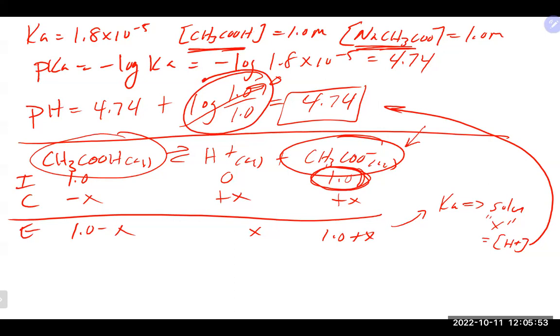If we went through the bottom one and solved for X, it would be a really small number. In an earlier example in this chapter, we did the ice table and then the Henderson-Hasselbalch equation. When you solve for X, it was a really small number, so the equilibrium value and the initial value were pretty much the same number. That's why they're able to maintain their initial concentrations.